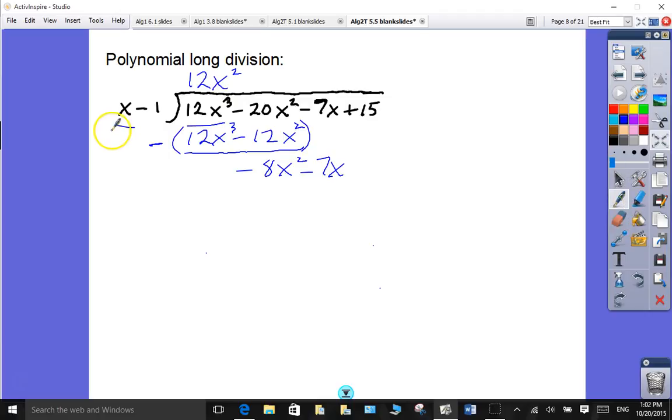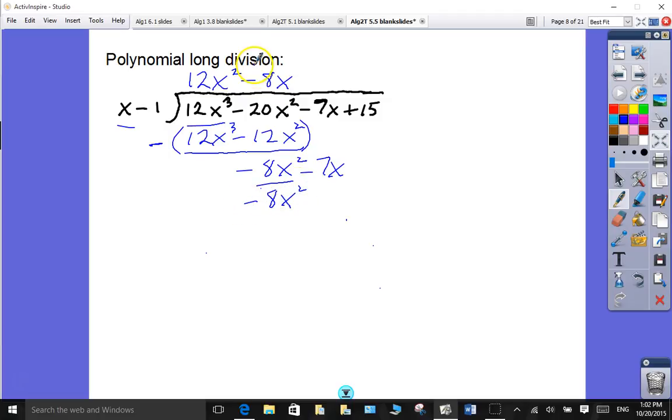What would you multiply times x to get negative 8x squared? Negative 8x, right? So I put a minus 8x up here, and then what do I do with that? Distribute it to the divisor, x minus 1. Negative 8x times x is negative 8x squared.